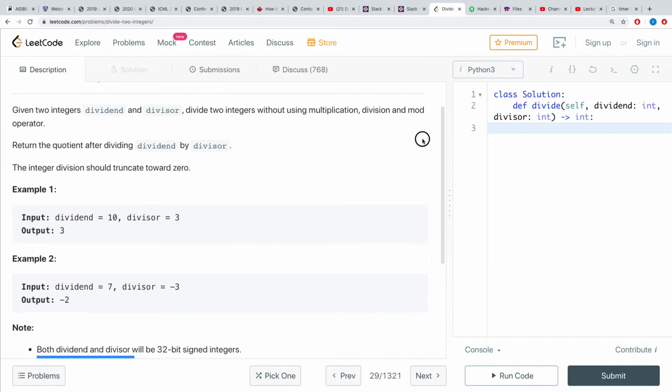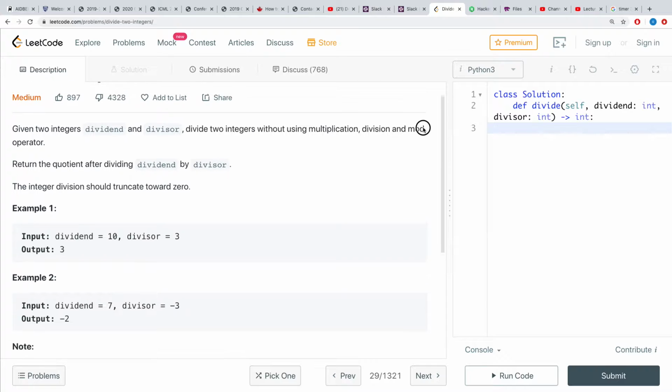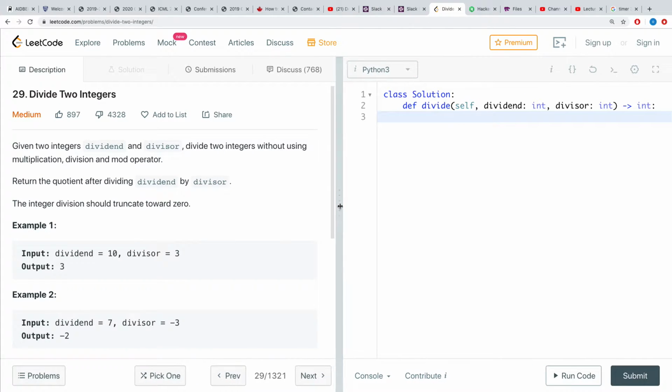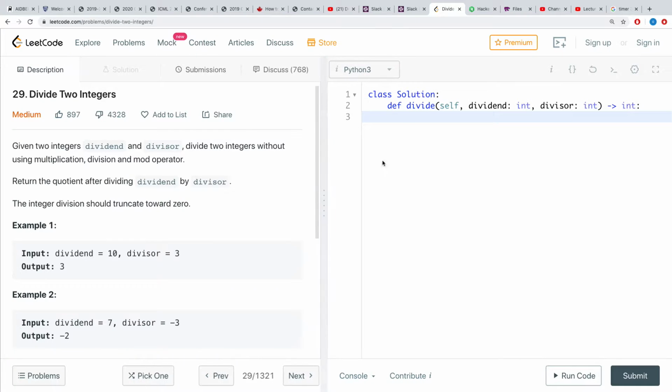So how will I approach this problem? First, I'll write it in Python. So I write a function. The function takes in the dividends and divisor, and it returns the output. So 10 divided by 3 is 3, remainder 1, gives 3.